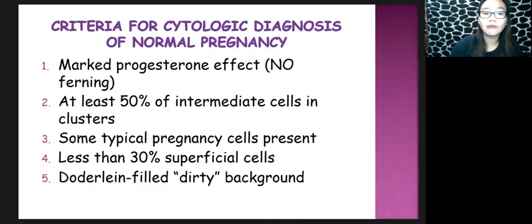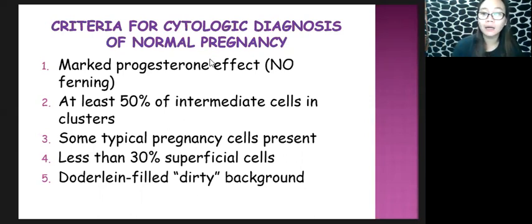These are the different criteria that we use to know that there is normal pregnancy. Number one, there should be a marked progesterone effect. Why? Because progesterone is the hormone that is needed in order to maintain pregnancy.